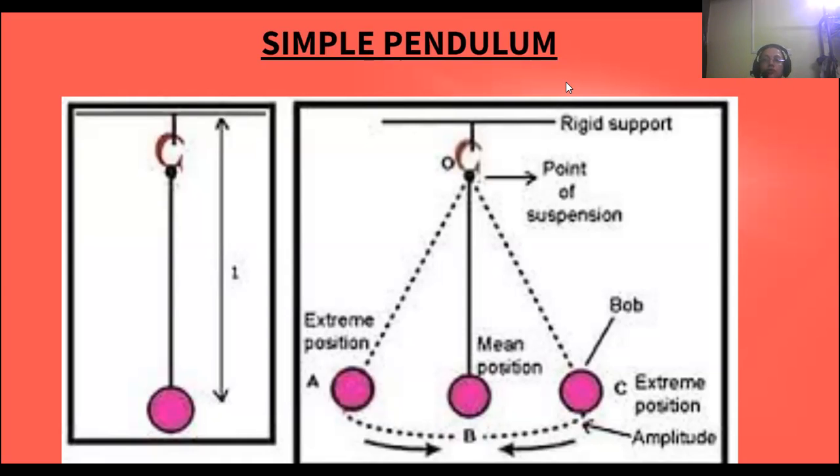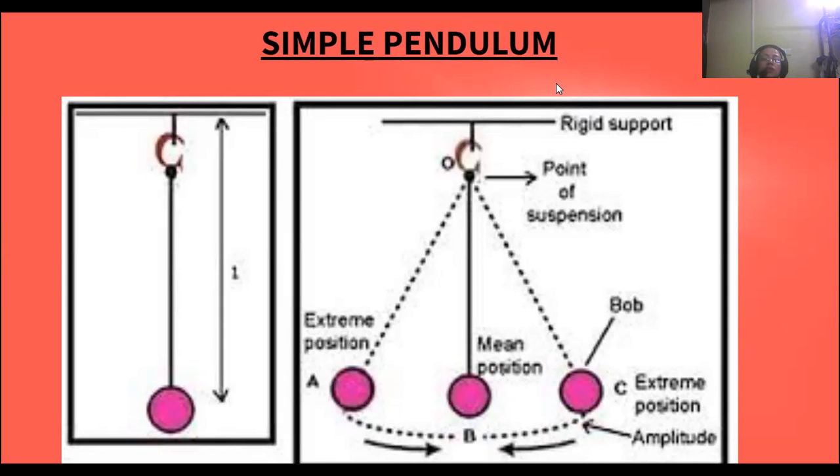A simple pendulum is an instrument which has a thread, attached at one end to a circular bob, and on the upper end it is attached to a rigid support.